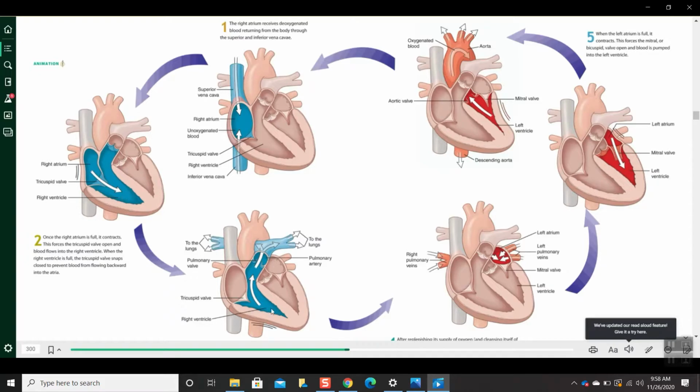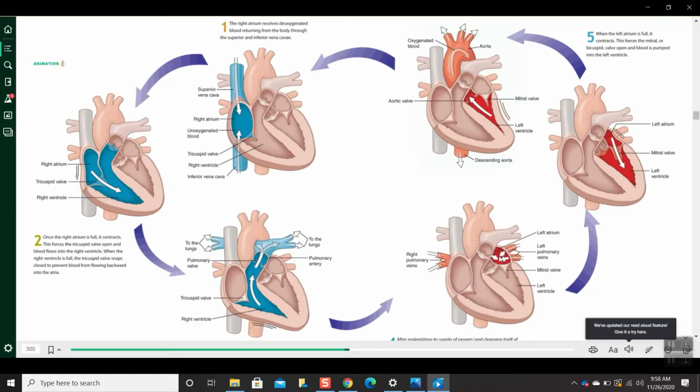And as you go down here, you can see the blood's in the right ventricle. It's going from the right ventricle up into the lungs. You can see this valve here is the pulmonary valve.